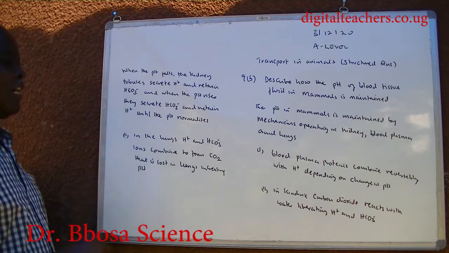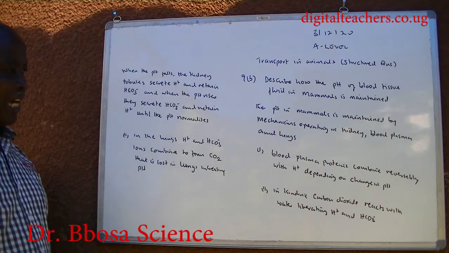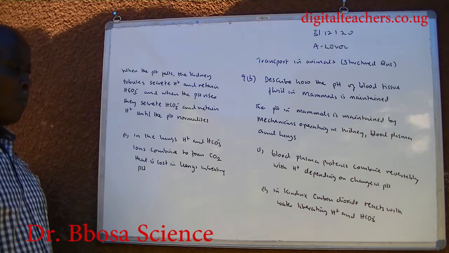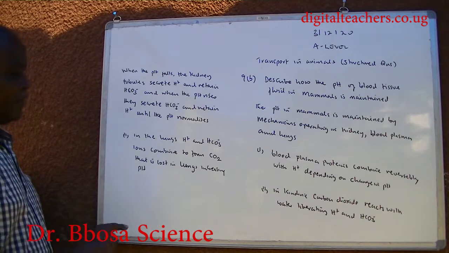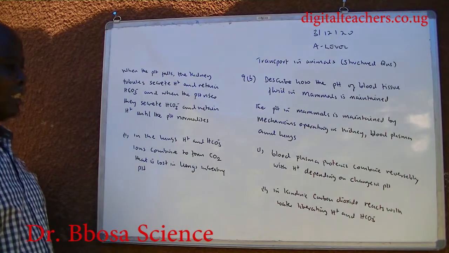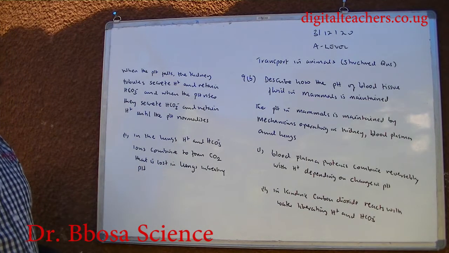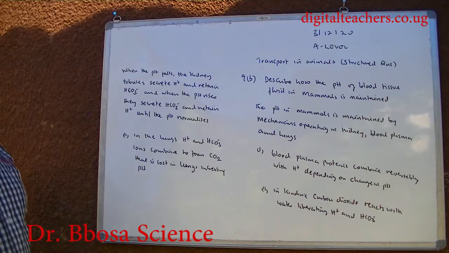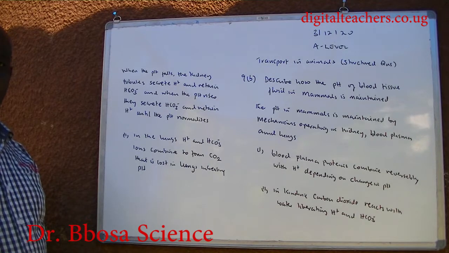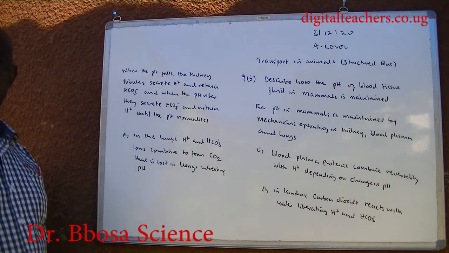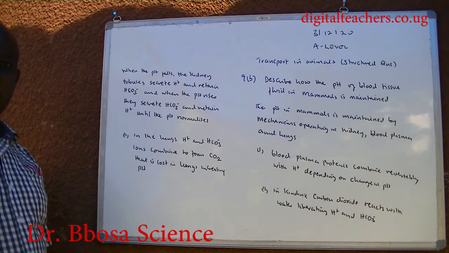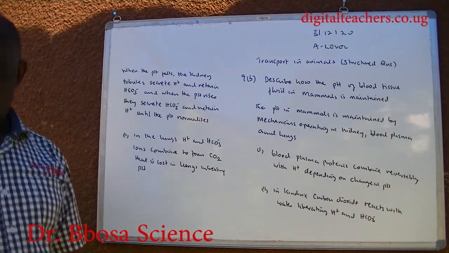In the lungs, hydrogen ions and bicarbonate ions combine to form carbon dioxide that is lost in the lungs, increasing the pH. So removal of carbon dioxide from the body raises the pH.